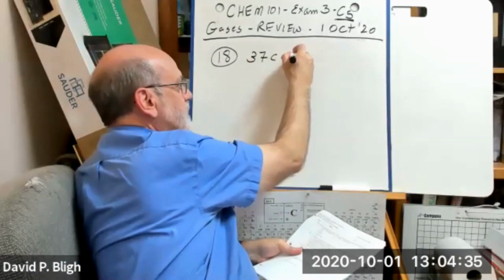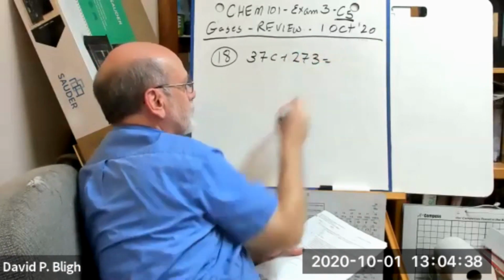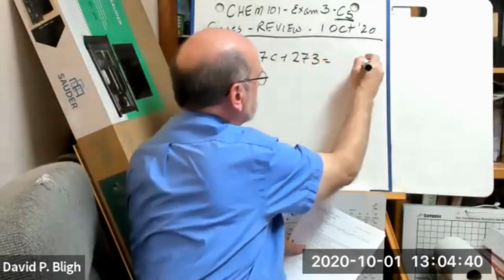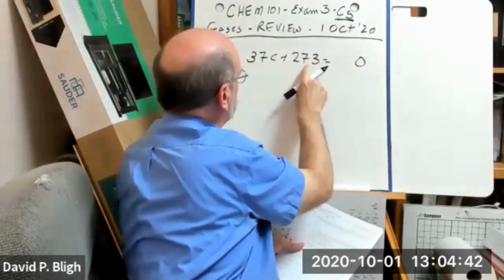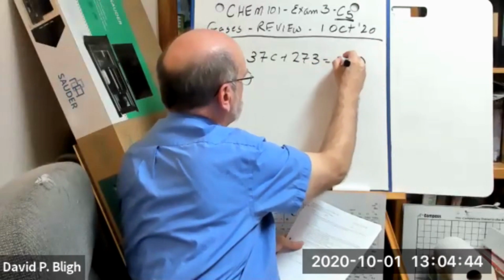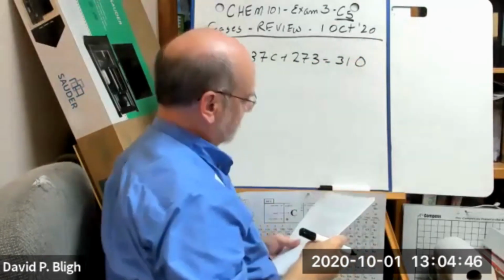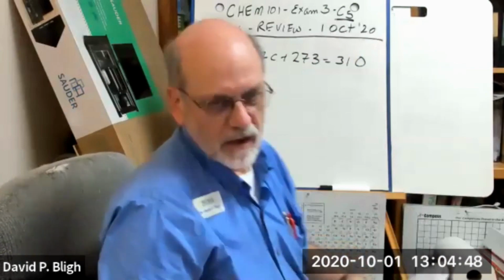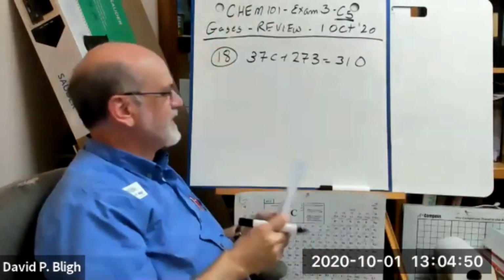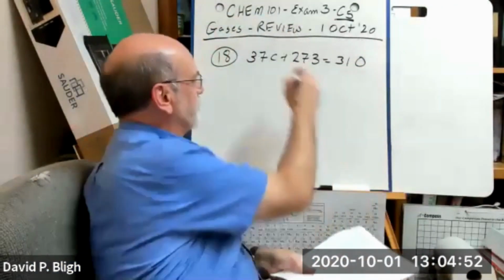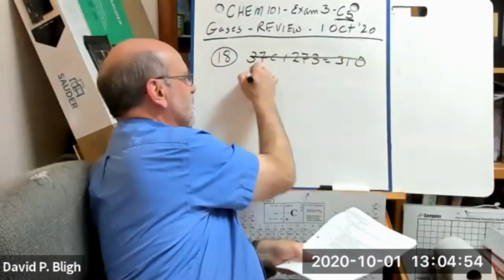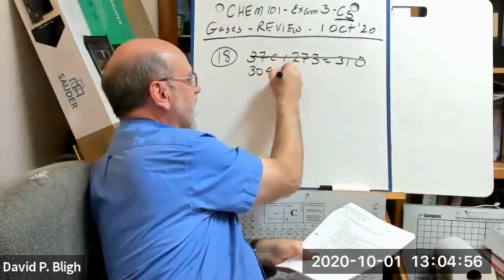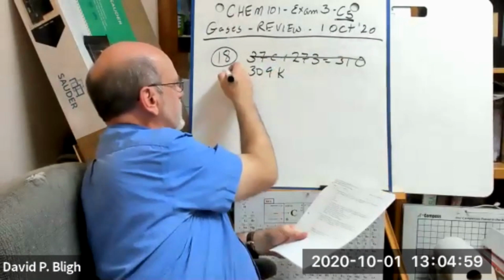So if we add that, we should get, well, they're close. They said 309, so we'll take their number. So we got 309 K is our temperature.